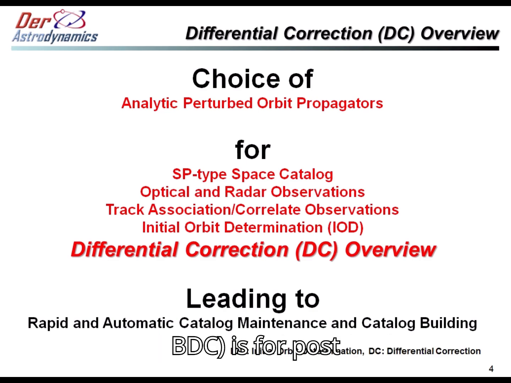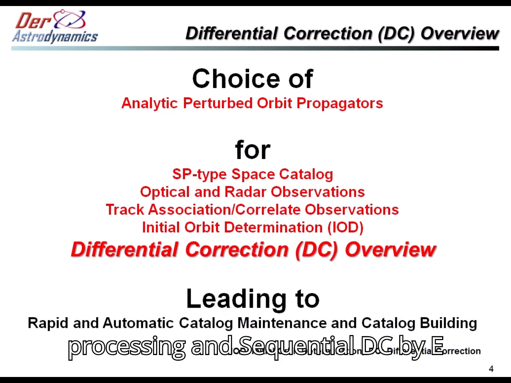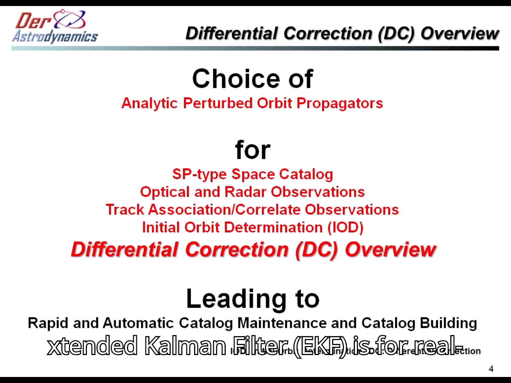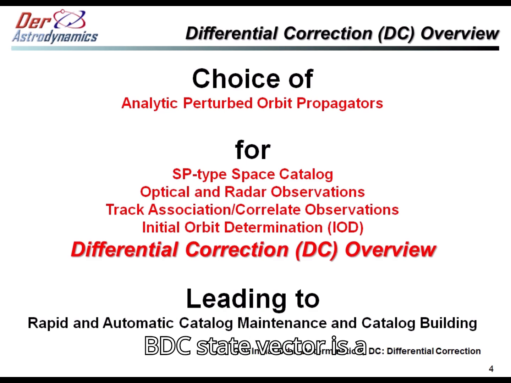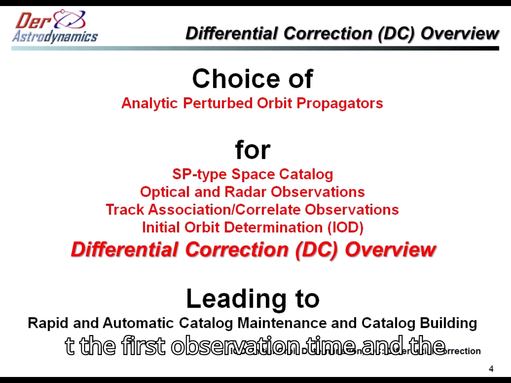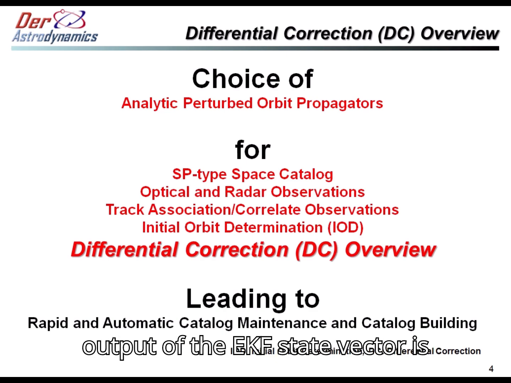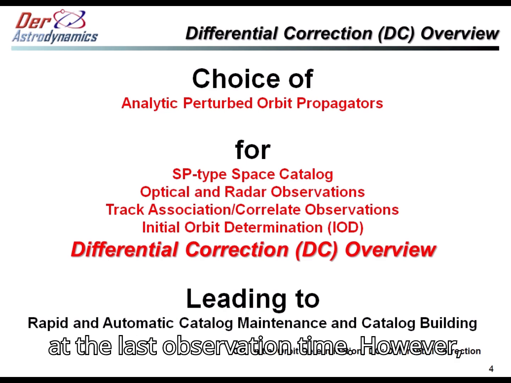Batch DC, BDC, is for post-processing, and sequential DC by extended Kalman filter, EKF, is for real-time processing. 3. Output of BDC state vector is at the first observation time, and the output of the EKF state vector is at the last observation time.